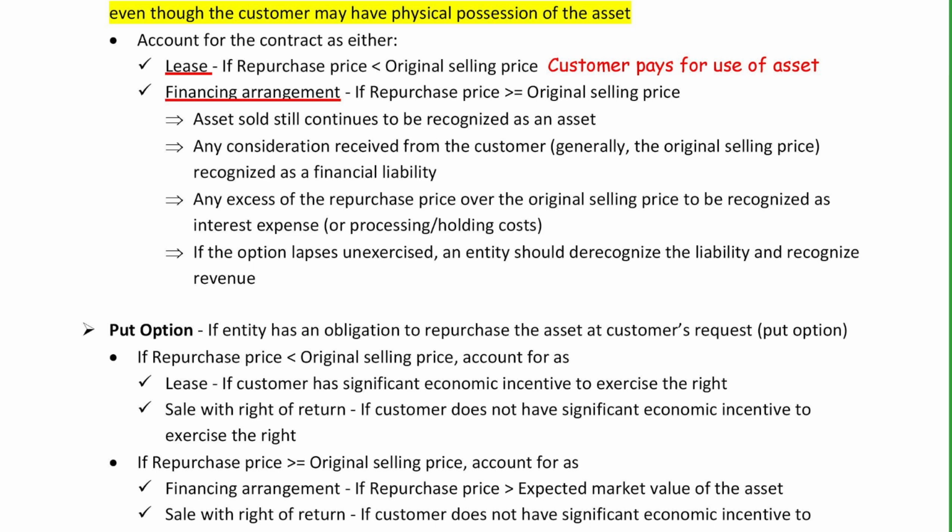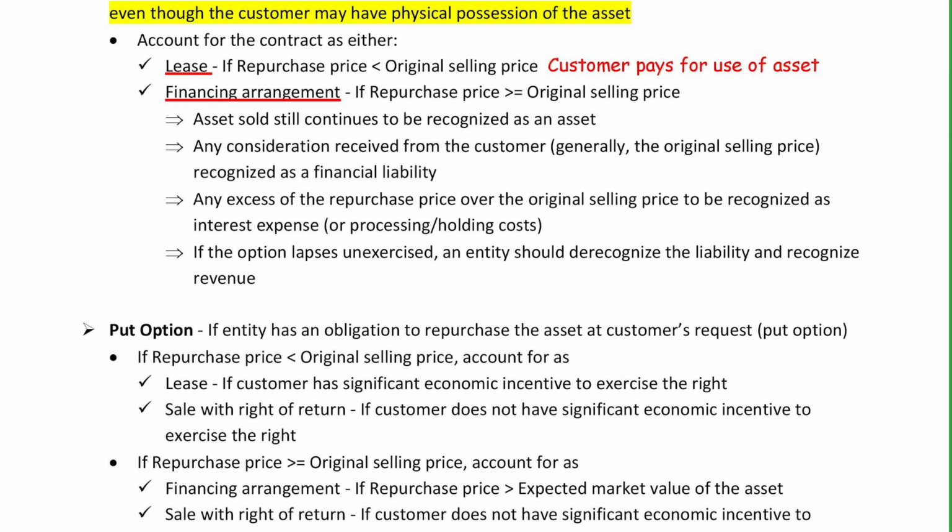Such contracts need to be accounted for as a financing arrangement if the repurchase price is greater than or equal to the original selling price. And we saw that in the case of Regain selling the asset for $500,000 to Kathy and then having an option of buying it back for 550.